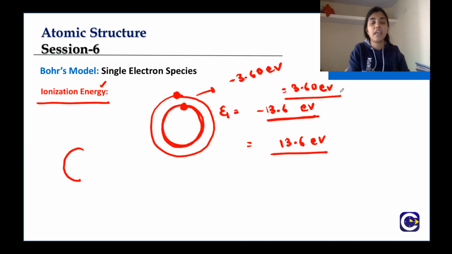So using the same formula of energy, minus 13.6 Z square by n square, you just change the sign. Here it is minus 3.60, the ionization energy will be positive, that means 3.60. Only the sign changes and the magnitude remains the same, right?